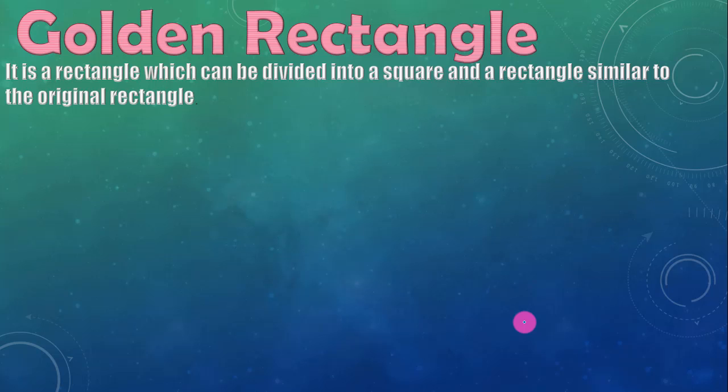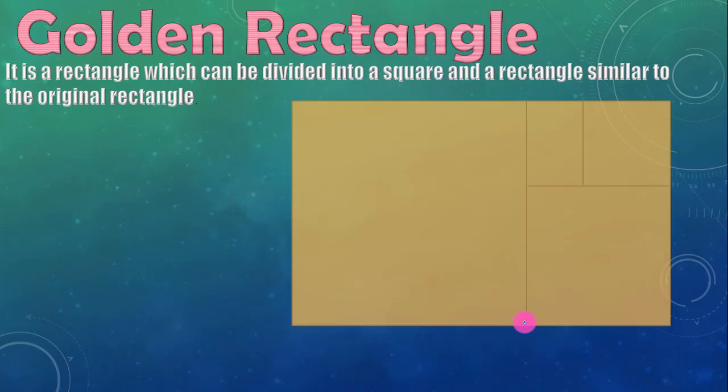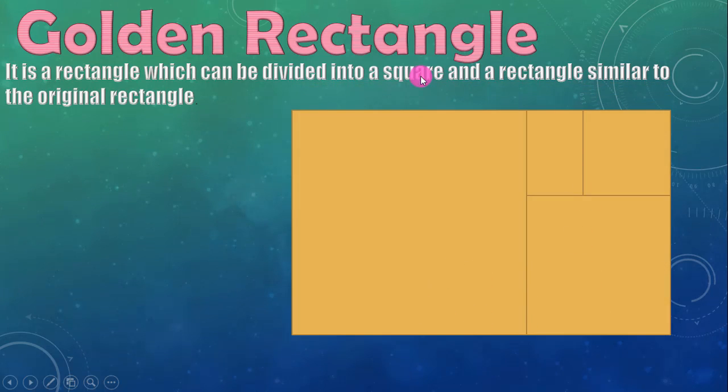What does it mean? Here, for example, if we have a rectangle like this, I can divide this rectangle into a square and another rectangle such that the new rectangle is similar to the original rectangle.